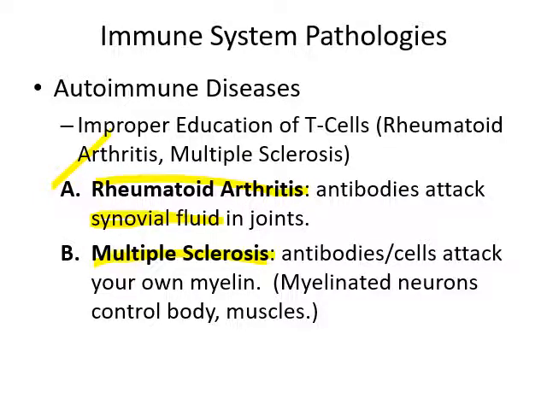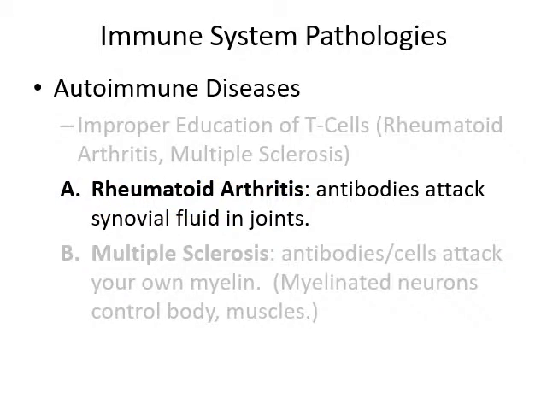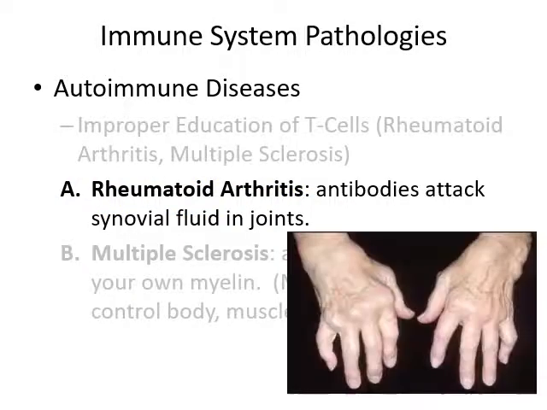Multiple sclerosis is where the antibodies that you have attack the myelin sheath of the neurons that travel down the spinal cord and also in the peripheral nervous system. Right. In rheumatoid arthritis, we have inflammation of the joints because we're having a sustained antibody attack on the proteins in the synovial fluid that cushions the joints.